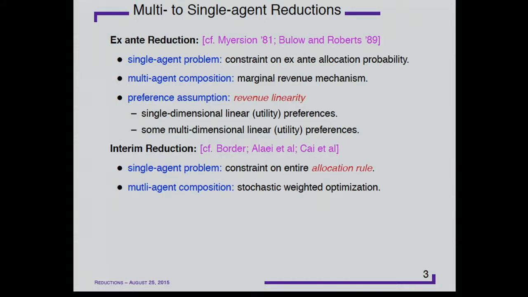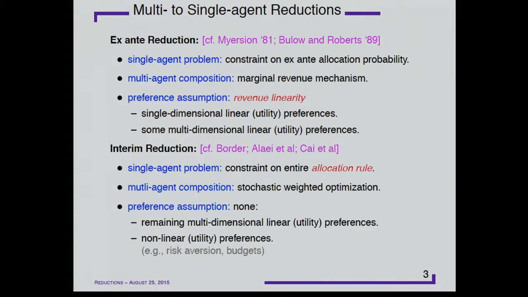One point is this is a much more complicated procedure. But there are no assumptions you make on the preferences here to do this. So the multi-dimensional settings that you can't solve because they're not revenue linear, you can solve here with this approach. And you can also solve nonlinear utility preferences, either single or multi-dimensional, it doesn't matter.